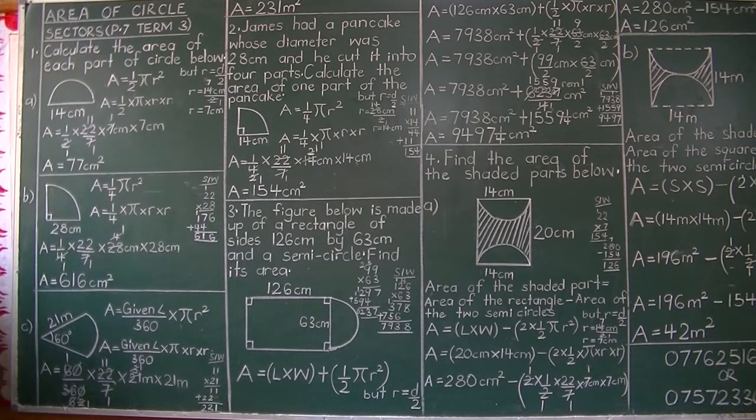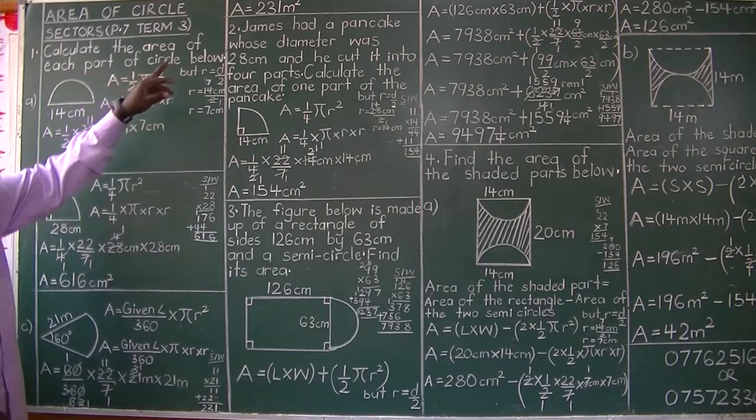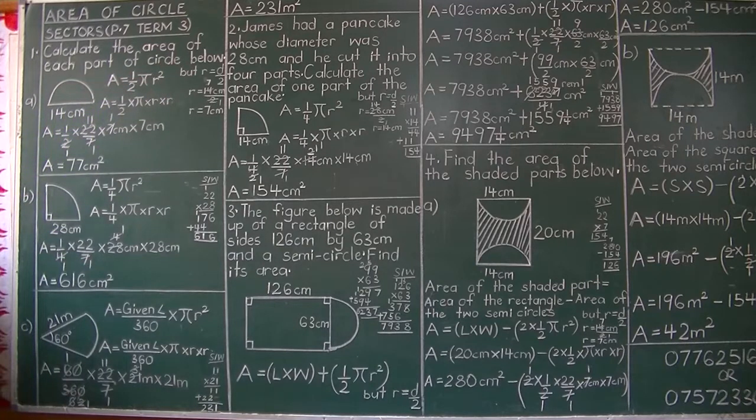Example number 1 reads, calculate the area of each part of the circle below. So I've got these 3 examples. 1 is a semicircle, 2 a quadrant, and the one that remains is named as the circle sector. Now we start.